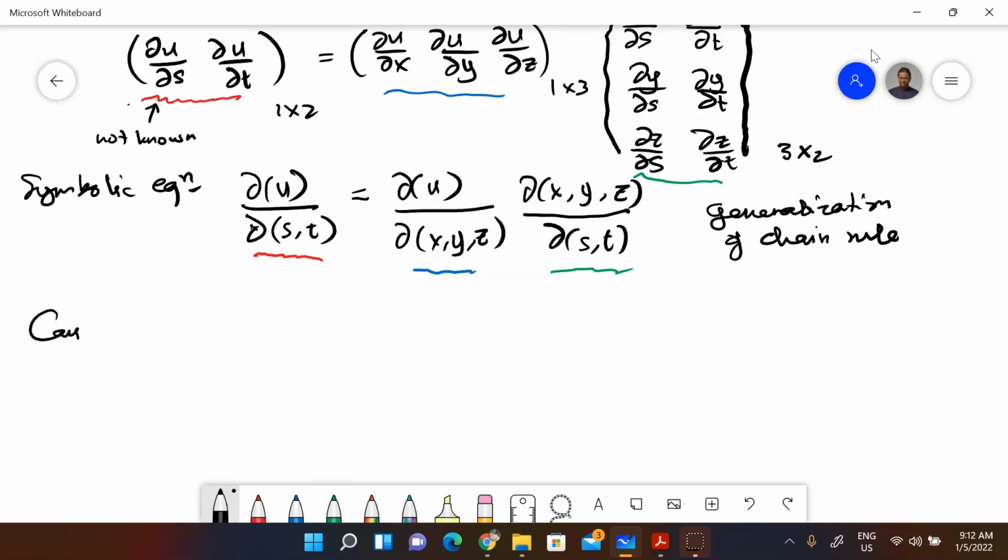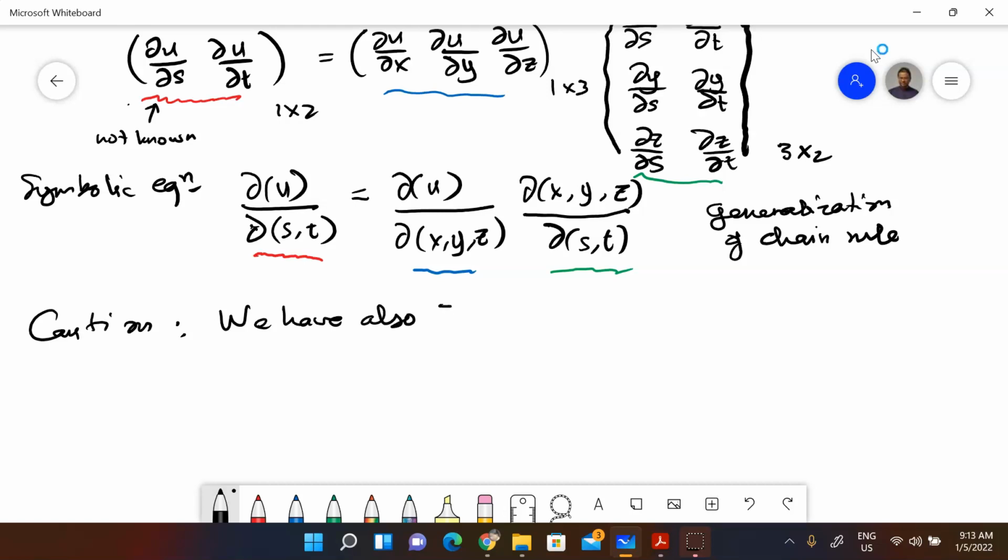Just a caution. We have another thing that appears in maths, which looks like this, but it's not the derivatives as you see over here.